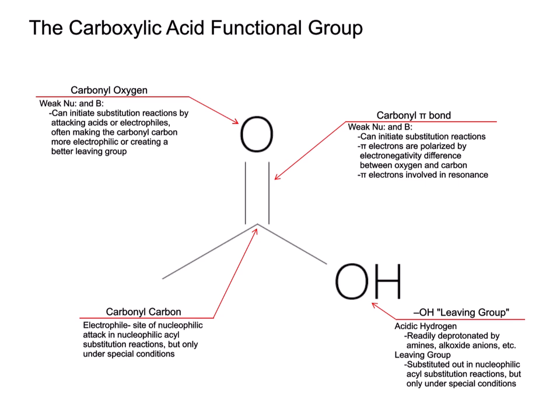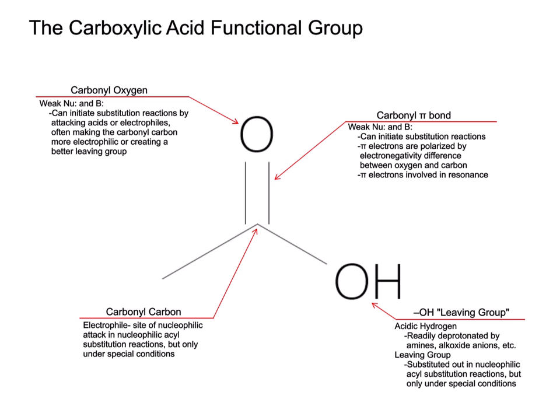We can also say that that OH group is a leaving group. Even though it has about the same ability to leave as the OR group on an ester, it's unlikely that it's actually going to leave in a normal way, again, because to do so, we'd have to do a normal nucleophilic acyl substitution reaction. So for the carboxylic acids, we say that they can do nucleophilic acyl substitutions, however, they can only do them under special conditions.